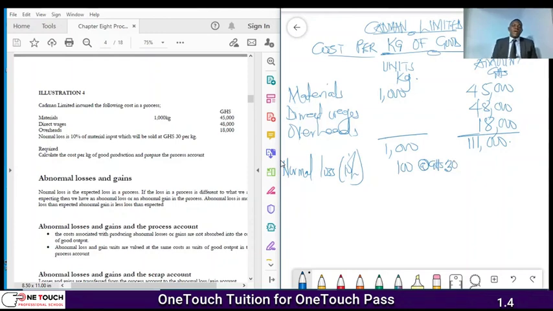So what you are saying here, where normal loss can be scrapped, we should use the revenue from the sale of the scrap to reduce the total cost. Good. So here we have 100 times 30. That gives us 3,000. Okay. So we're going to deduct the revenue from it. Good.